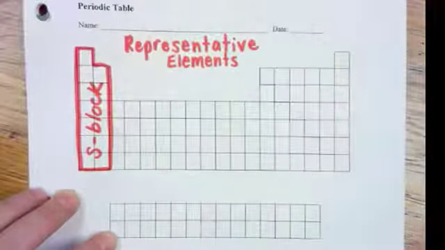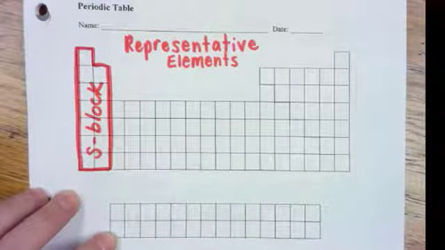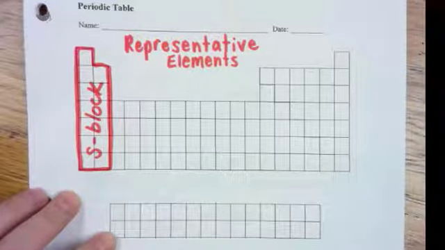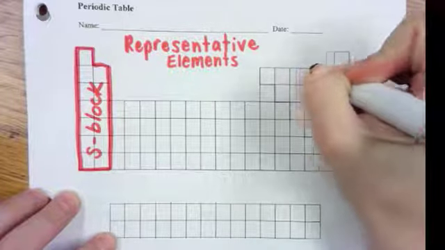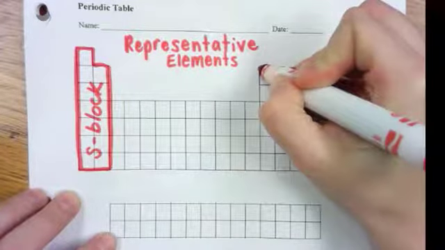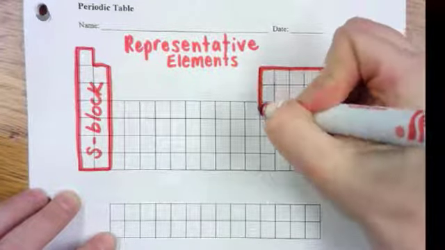The S block is found all the way to the left and includes the alkali metals and the alkaline earth metals. The representative elements also include the P block. That's the block on the right-hand side of the periodic table.